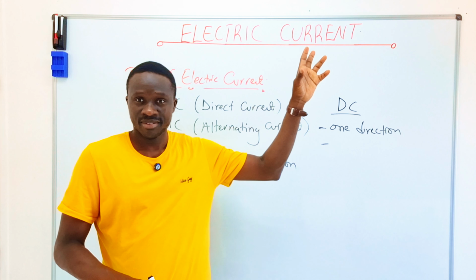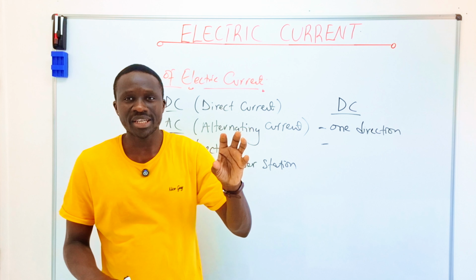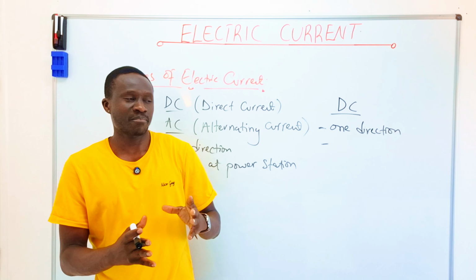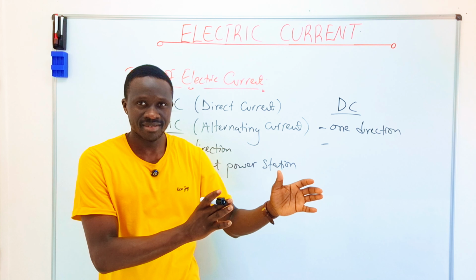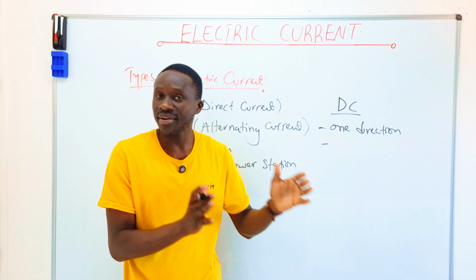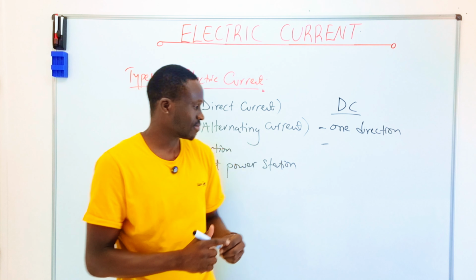Do you know that electric current also has an instrument which measures it? Technically, electric current is measured in amperes, and the instrument used to measure electric current in a circuit is called an ammeter.